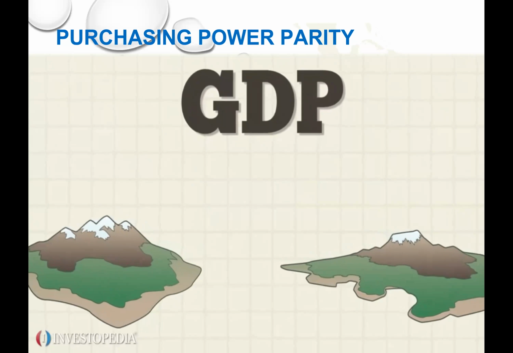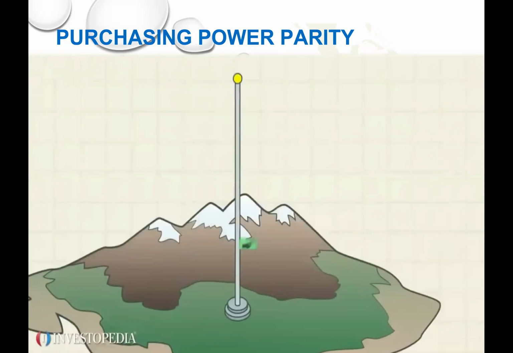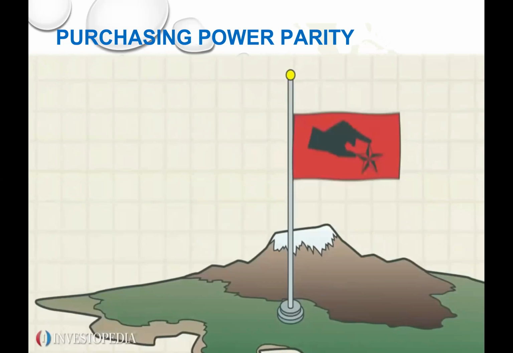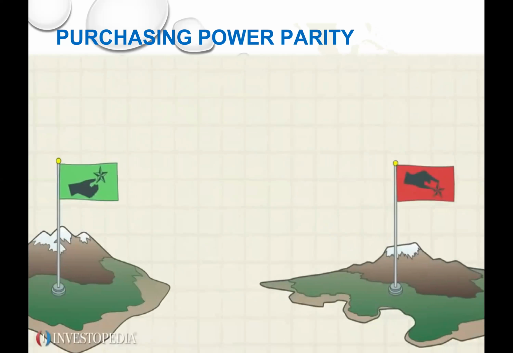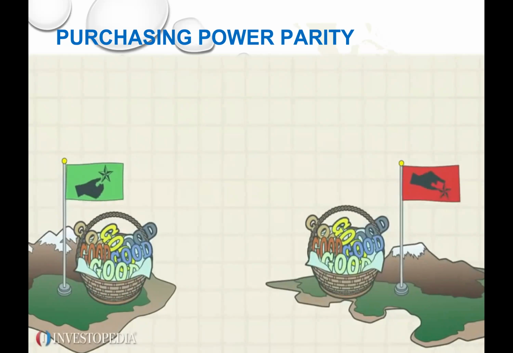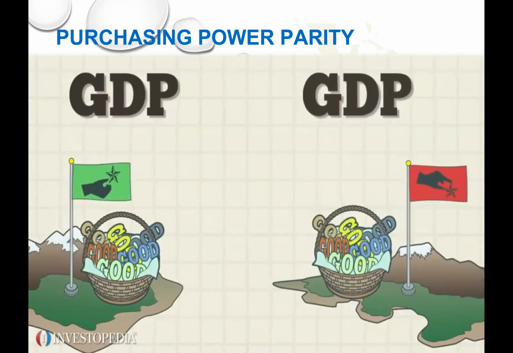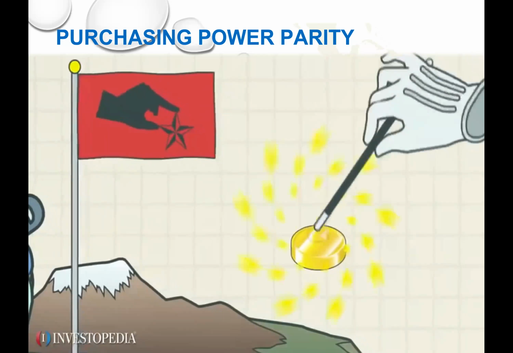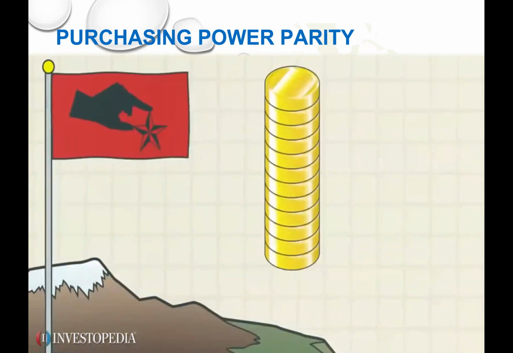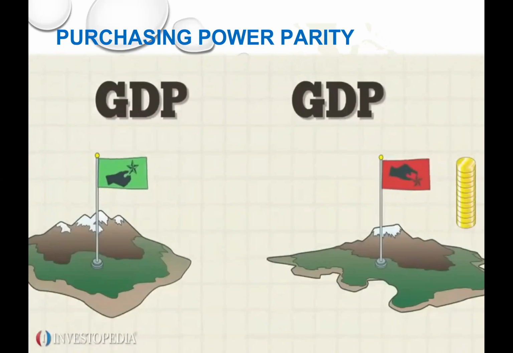For example, let's look at two rival countries, Freonia and Controlia. Each country produces the same amount of goods in a given year. Thus, the GDP should be the same for each country. But because Controlia manipulates its currency on the world market, its currency is artificially high when compared to Freonia's currency.